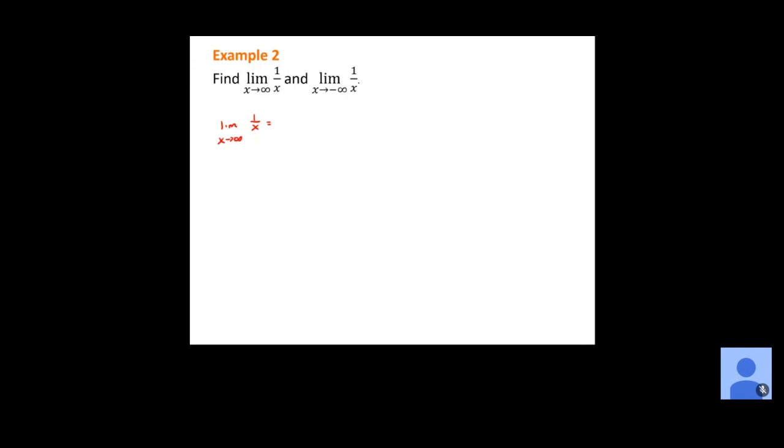If we were saying what's the limit as x approaches 2, we could put in 2.5, 2.4, 2.3, 2.2, and see what value we're getting closer to. Well, in this case, we're trying to approach infinity. So what values might we want to substitute in there to see what this limit is approaching?